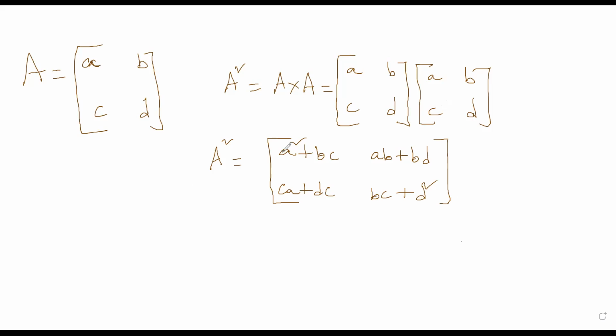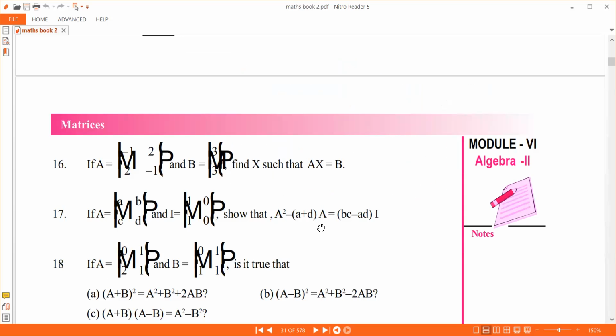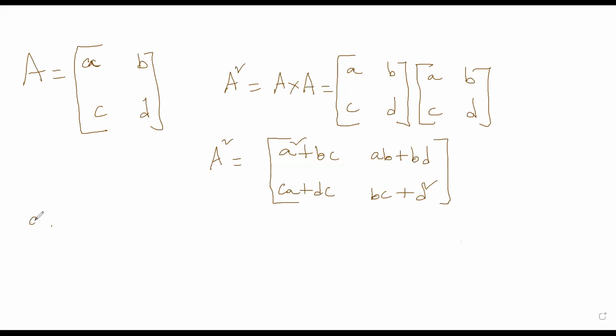Now what is the next one? A plus D into A. Wait a minute. What they asked us is A plus D times A. So I got to multiply every element with A plus D. So A times A plus D, that is A square plus AD.